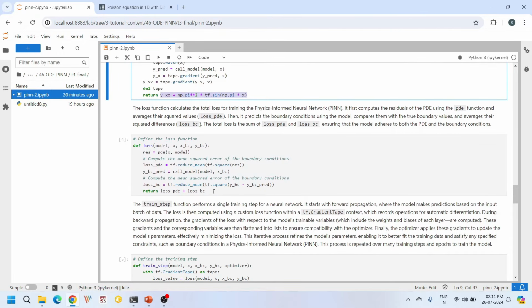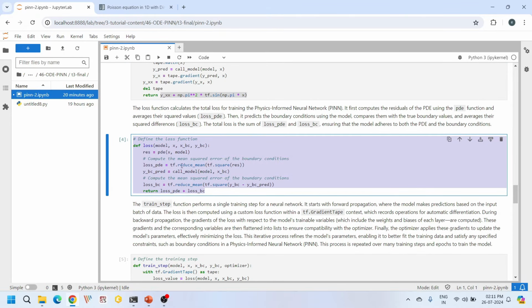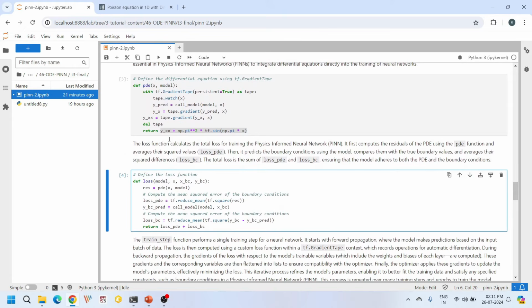And next here we define the loss function. Loss function consists of two main components. One is the loss from the PDE that we evaluated using this PDE function, and second loss comes from the boundary condition. So here we are evaluating the boundary condition loss.